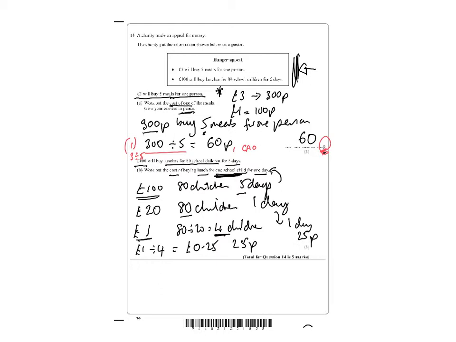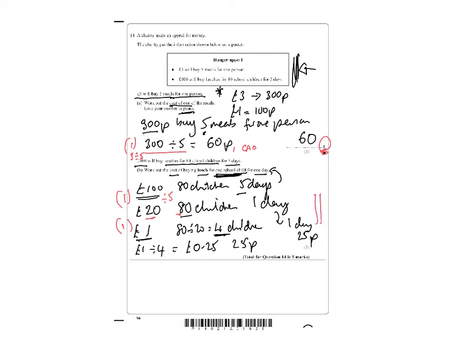So the first mark is given for the first calculation I did here, so you get 1 mark for dividing by 5. Then you get 1 further mark for actually dividing either the £20 by the 80, or as I did it there, so there's 1 further mark for my calculations in this section here.